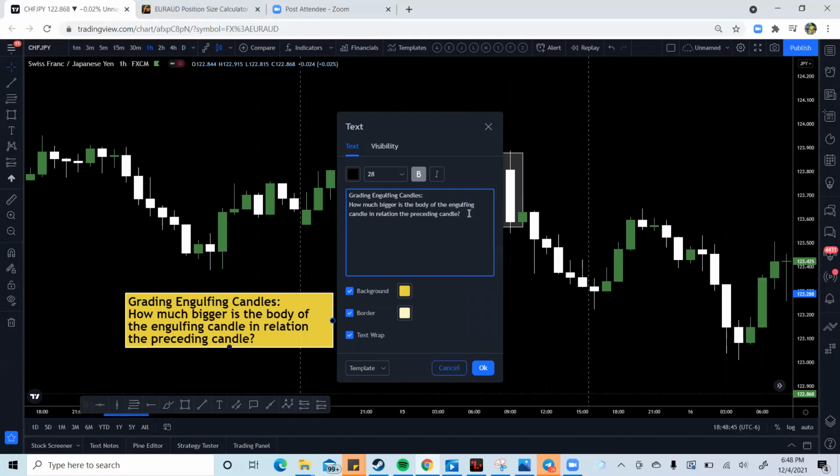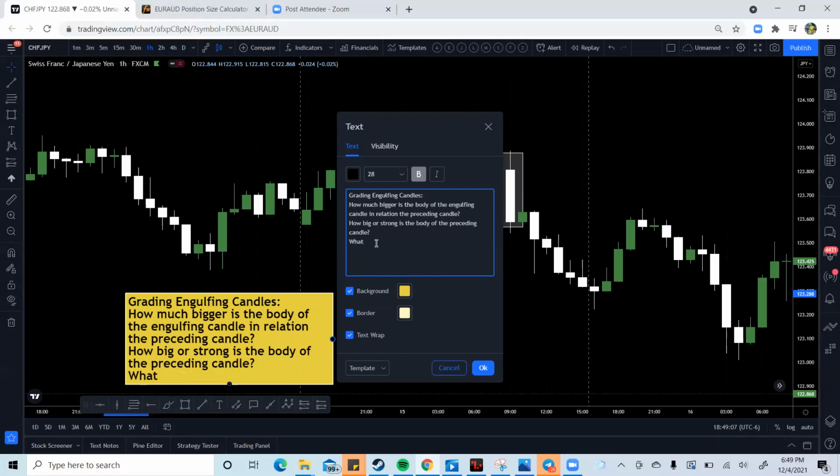Now, the second thing is, how big or strong is the body of the preceding candle? That's grade number 2. Grade number 3 is what type of momentum was leading into that candle.